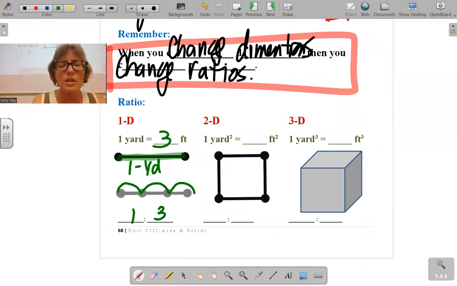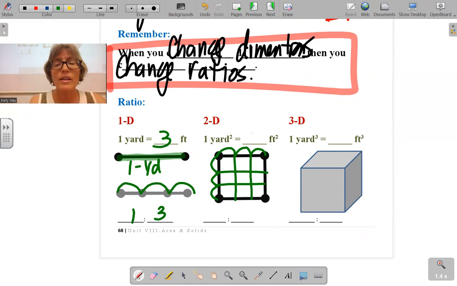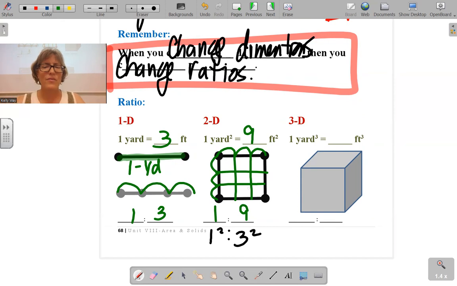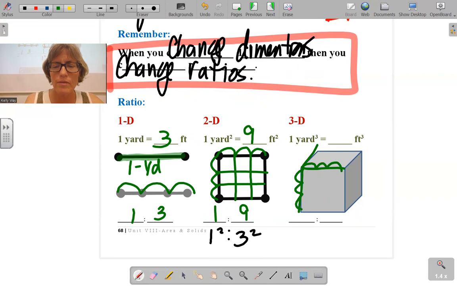When you get in the second dimension, that is a yard by a yard. So a yard squared is 9 feet squared. Watch what happens. If I take 1, square it, 3, square it, I get 1 to 9. A yard cubed is a yard by a yard by a yard. So it's 3 this way, 3 this way.